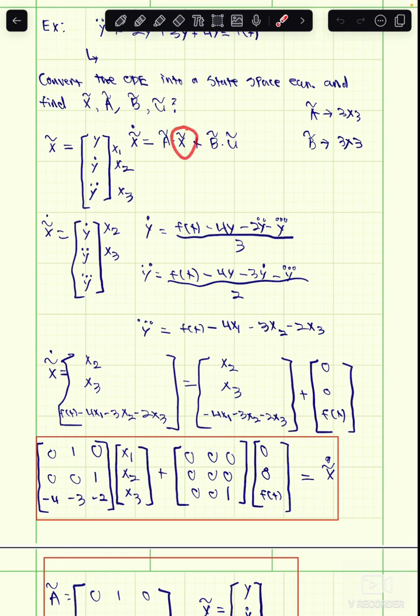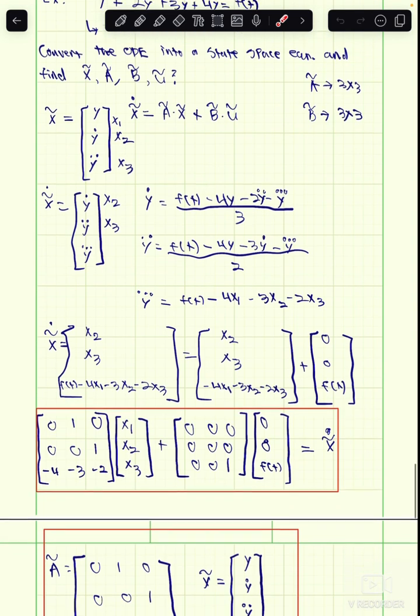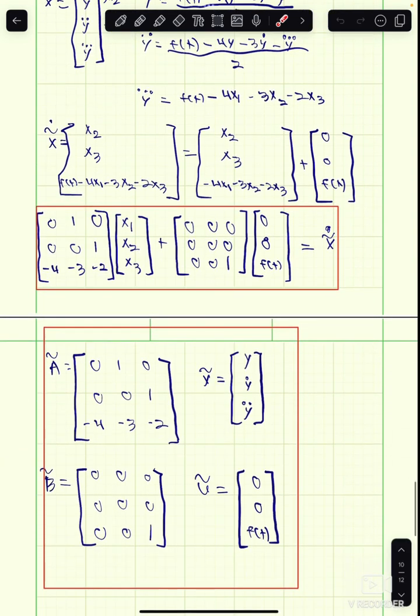Since we already know x tilde, or our state vector, we can simply find which 3x3 matrix to multiply by our state vector in order to find our a tilde. As we can see, this correlates there.